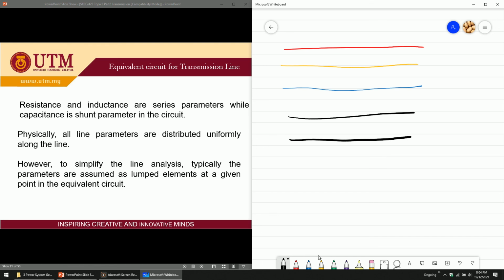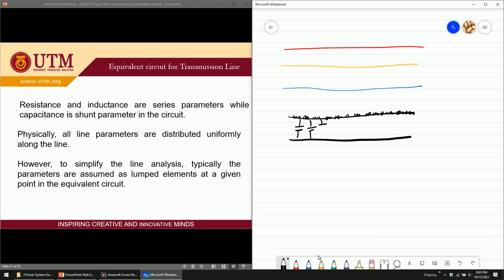There is resistance, remember, resistance per kilometer, a small resistance here, then a small inductance, and then something like capacitance effects.